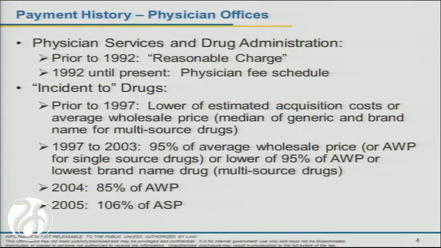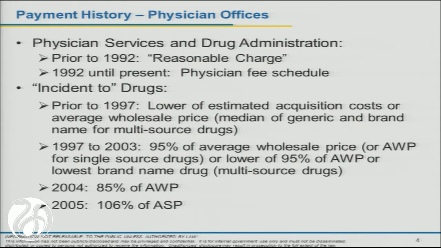So some of the history here, physician services and drug administration. Prior to 1992, they were paid under something called reasonable charge, and that was a complex methodology that was in effect from 65, or 66, whenever the Medicare program started, until 1992, and I think it was part of a political deal to get the Medicare program enacted that we would allow charging practices in the local areas to remain in effect.